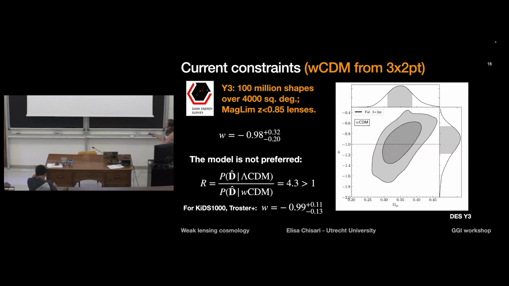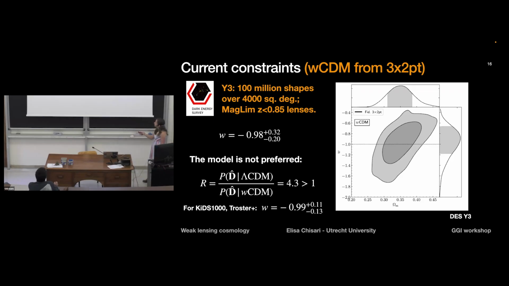So this is from the Dark Energy Survey. If you want to open up the parameter space, you really need more probes. So now I'm talking about 3x2pt and not cosmic shear. These are their constraints from Year 3 on w versus omega matter, consistent with -1, but you can see that the error bars are pretty big.